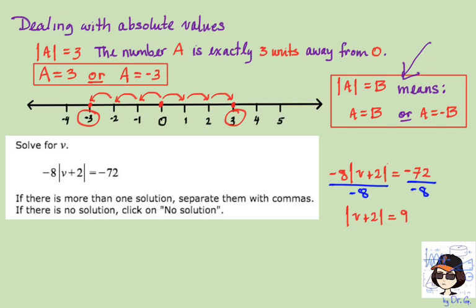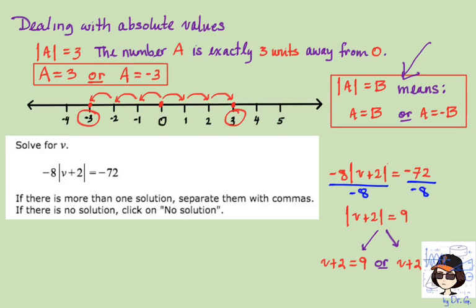That means if we want to take away that absolute value, the thing inside, we don't have an A, we have a v plus 2, but that's okay. The thing inside, we have two possibilities. Either the thing inside is 9, or the thing inside is the opposite of 9. And now we can solve these two equations separately.